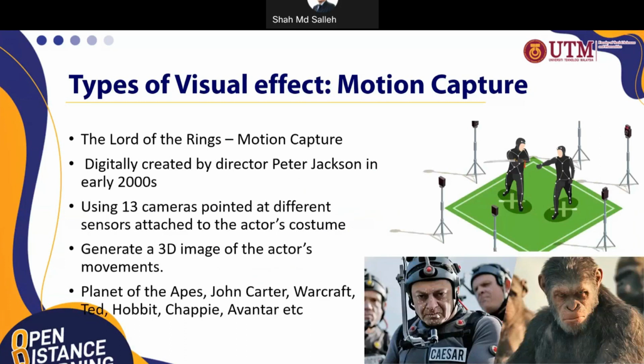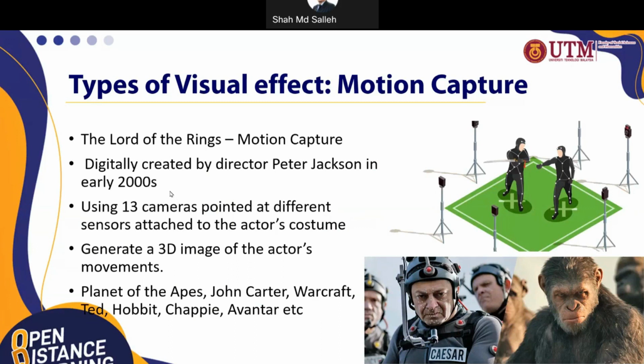Motion capture, as I mentioned. They use some kind of detector. For example, this actor's face is full of detectors. After mapping with the real actor, they map onto the CGI actors. So if, for example, this actor moves his lip, the ape also moves the same.